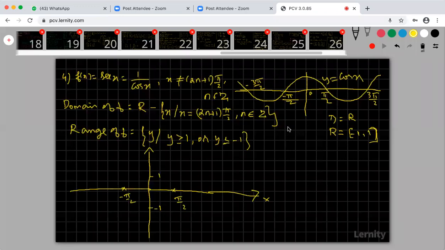The cos x curve is coming like this. Between minus pi by 2 and plus pi by 2, the cos x curve has positive values. So what is your secant x? Secant x is 1 by cos x, that is the reciprocal.